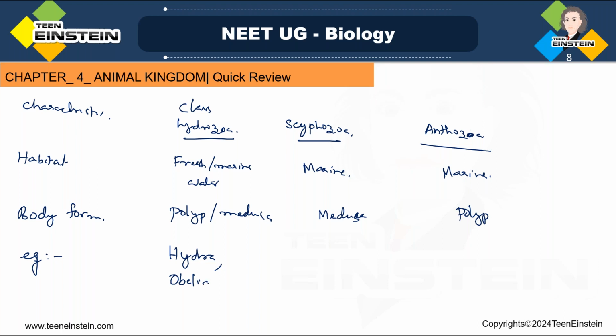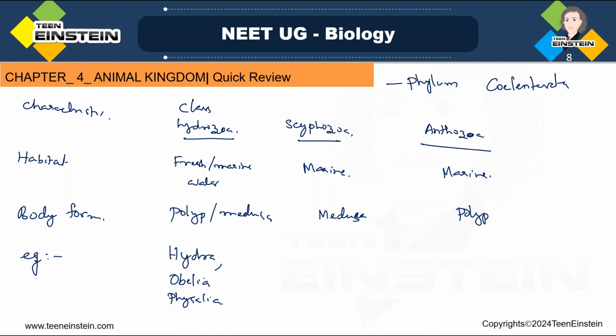Okay, all these come under class Hydrozoa of phylum Coelenterata. We are learning about phylum Coelenterata, and under that, class Hydrozoa, examples Hydra, Obelia, and Physalia.